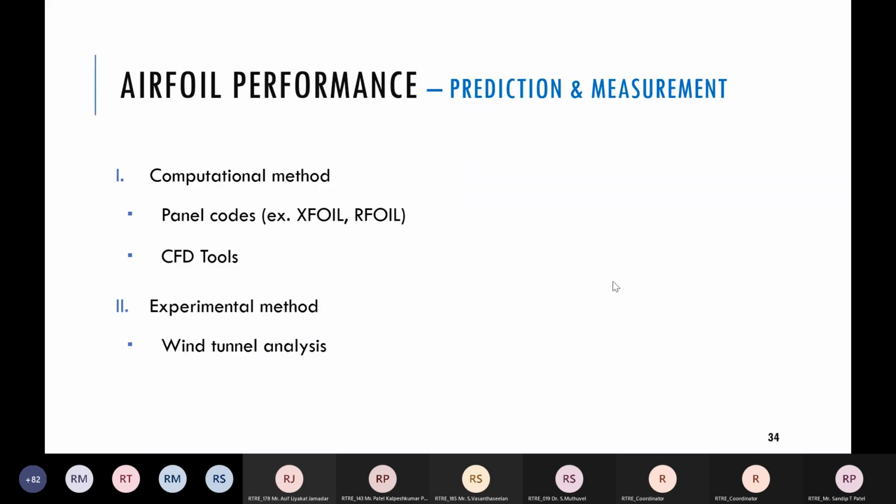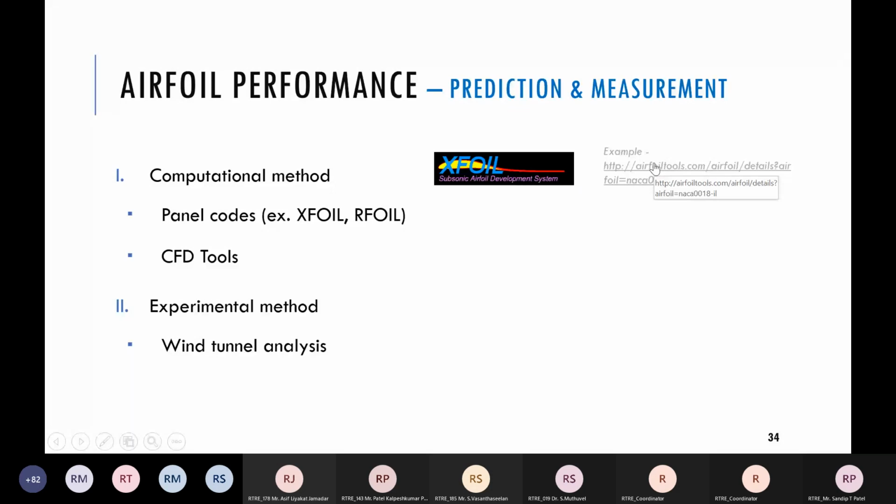There are two great codes already available: Xfoil, developed by MIT, and Rfoil, developed by DTU. On the DTU website, Rfoil is available. Same way, Xfoil code is open source. Rfoil source code is not available, but Xfoil source code is open source. You can access it. You can install it.